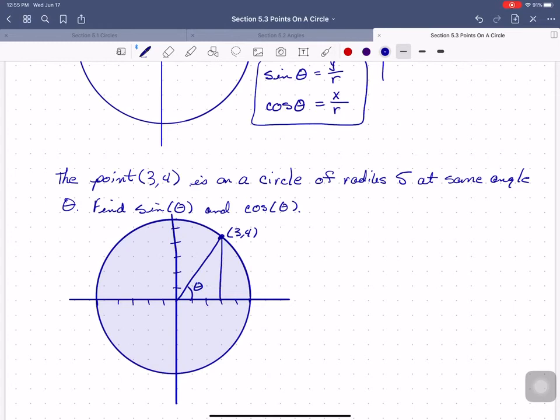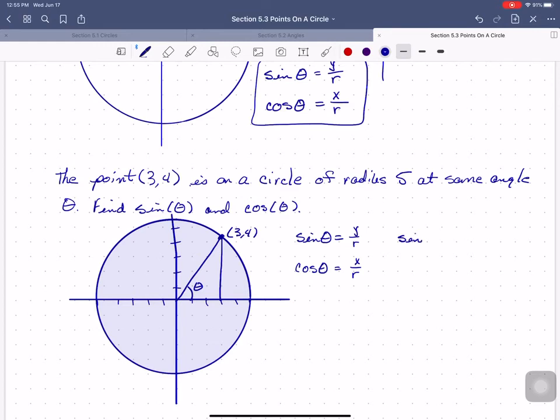Think about my right triangle. Remember that the sine of theta is y over r, and the cosine of theta is x over r.